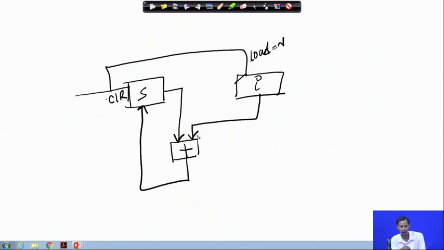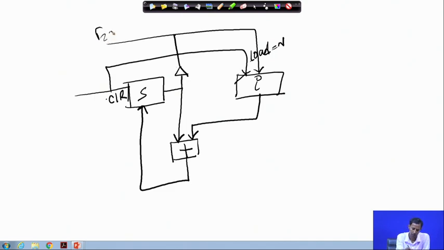And here, what I missed, this is the external bus.